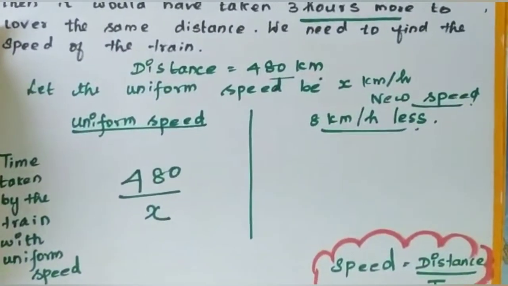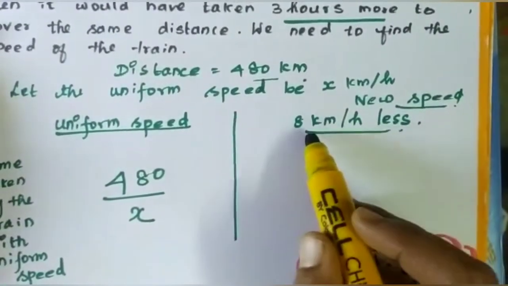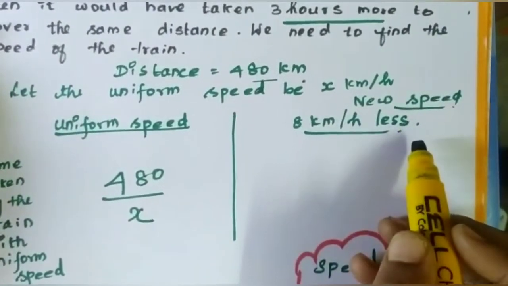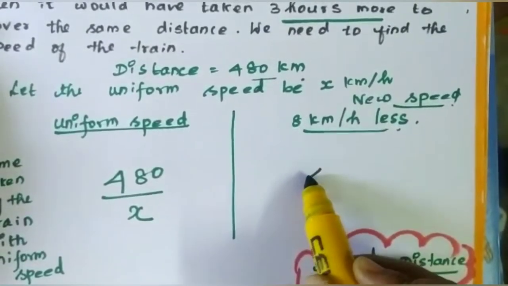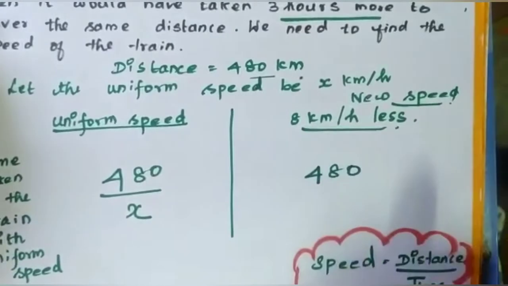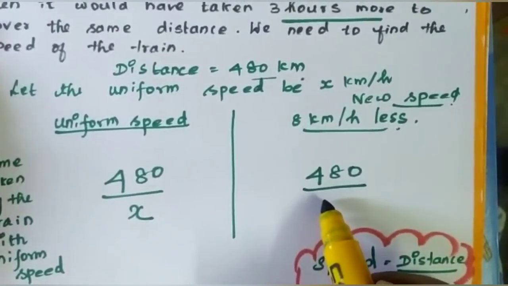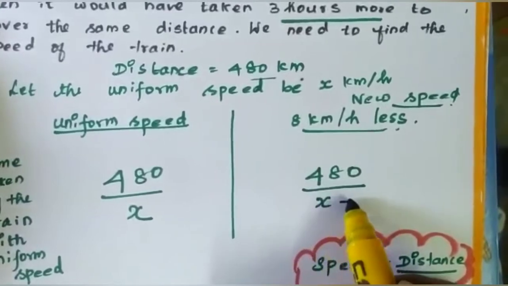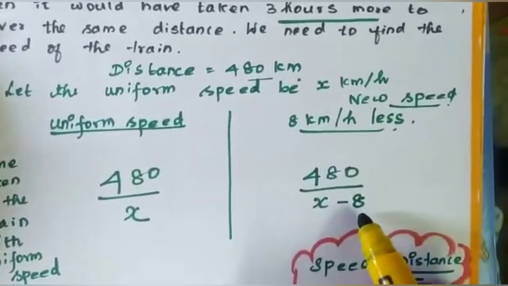Okay, and then here 8 km per hour is less. So for this, how do we have to write? 480, the distance is the same, 480 divided by x minus 8. x minus 8, 8 km less.